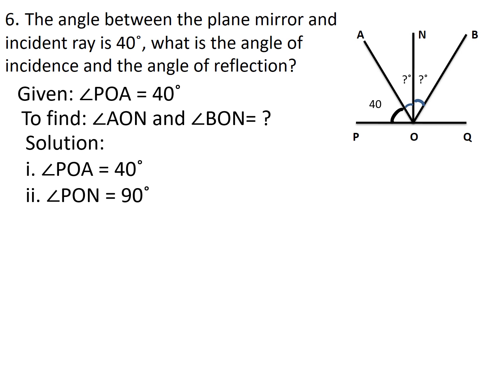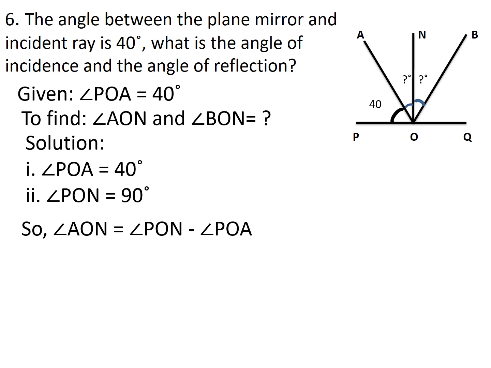Angle PON, what I know the normal is making with the mirror, is 90 degrees. If I want to find AON, I will subtract POA from PON. So angle AON is equal to PON minus POA.